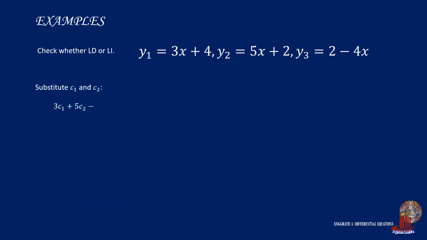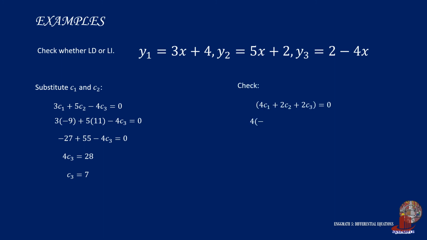If we plug the two constants back in either equation, say the first equation, we can identify the value of C3 as 7. So we are able to identify constants to make the combination of the functions equate to 0. Let's check the constants on the second equation. We were able to come up with 0 is equal to 0. So now we can conclude that the functions are linearly dependent.